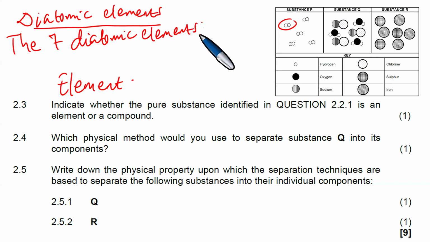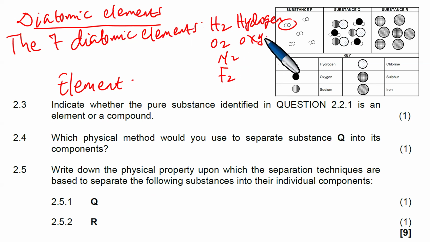What are the 7 diatomic elements? It is hydrogen, oxygen, nitrogen, and fluorine.